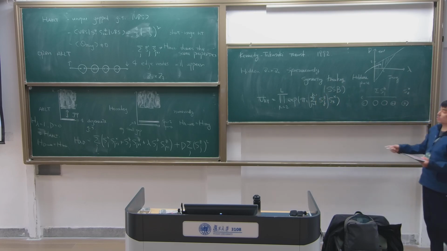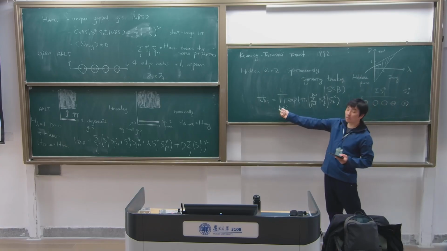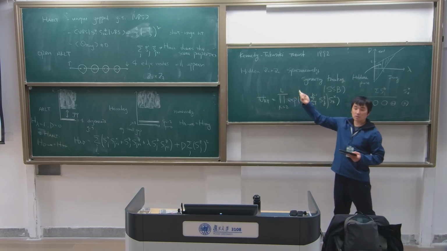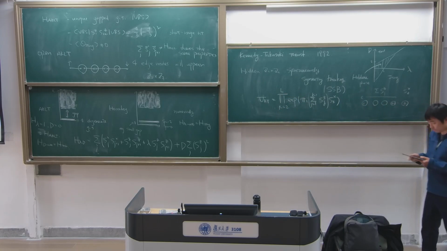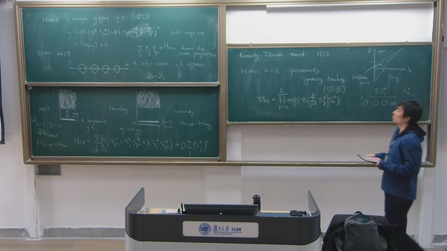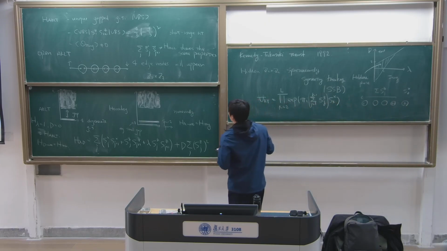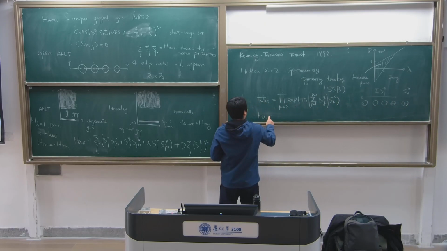And then you just multiply over k from 1 to L.